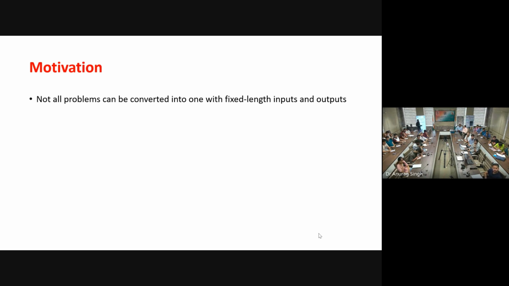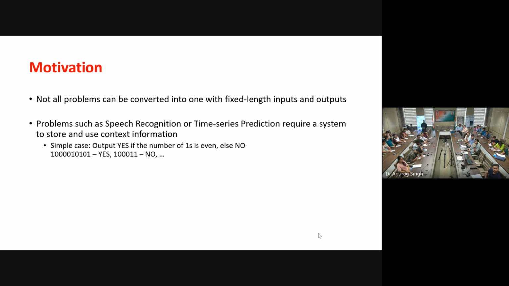When you have such a problem, let us take one simple problem. You are given binary numbers, which consist of zeros and ones. My question is: if the number of ones in the binary string is even, the output should be 1, else the output should be 0. So am I defining what the length of the binary string should be?